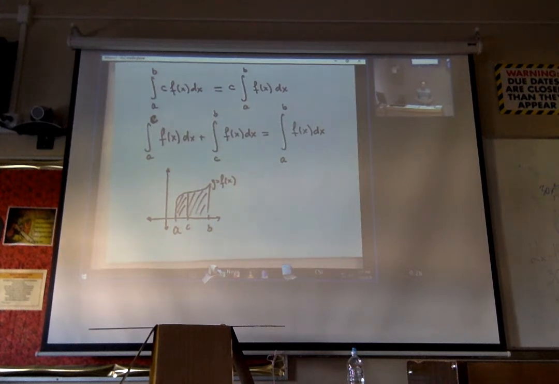Starts with R. Removable discontinuity. And the third one? Infinite. And what do you see on the picture when you say infinite discontinuity? Yeah, vertical asymptote, right? So those are the three discontinuities we have: removable, jump, and infinite.